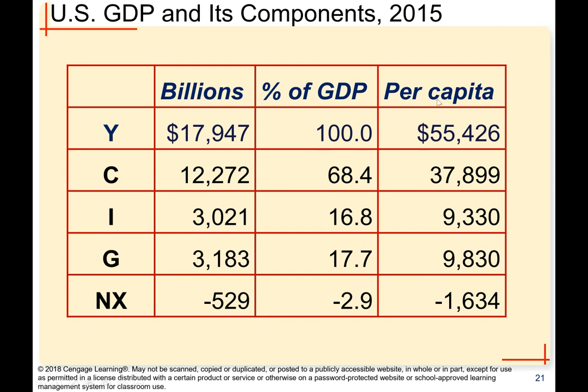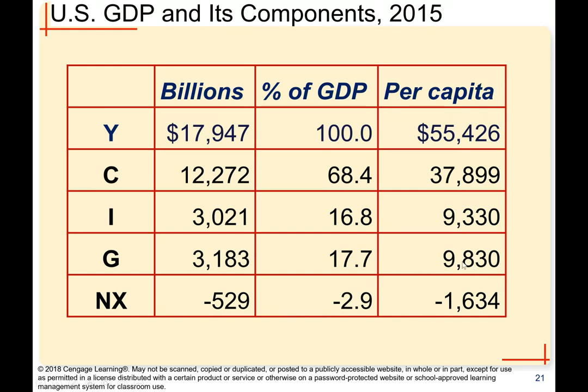On a per capita basis, that is GDP divided by the population of the United States, was 55,426 per capita. Per capita consumption spending was 37,899. Investment on a per capita basis was 9,330.